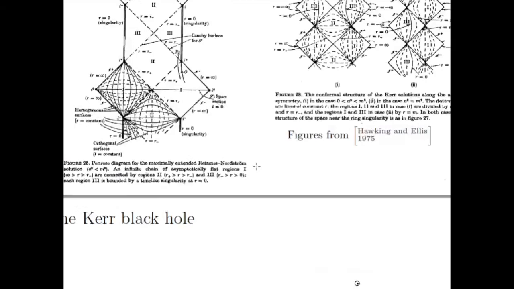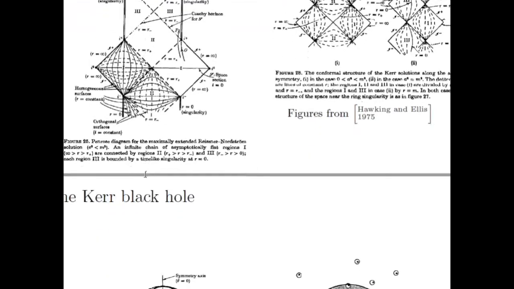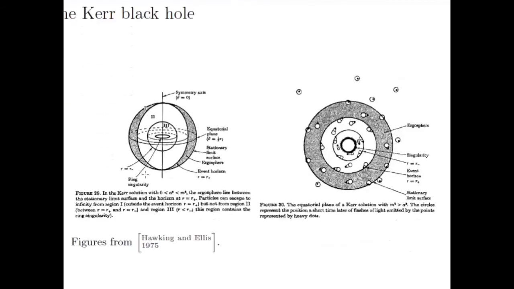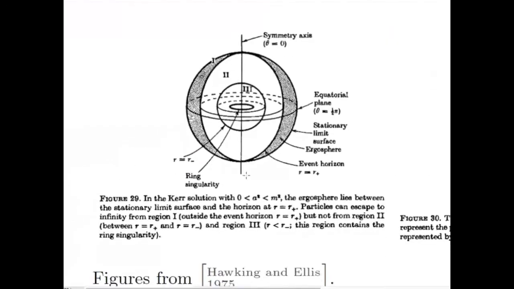And obviously, nothing that happens inside of these event horizons should be considered to be of astrophysical relevance. It's very likely that this is just a mathematical idealization. But the Kerr black hole also has very interesting features outside of the horizon, namely a so-called ergosphere.